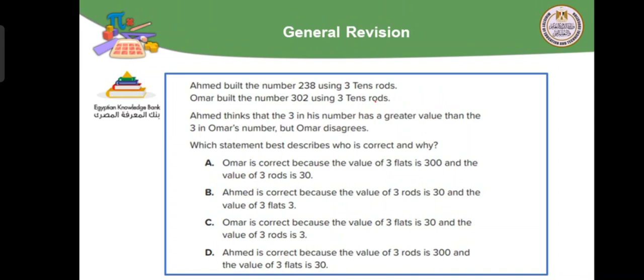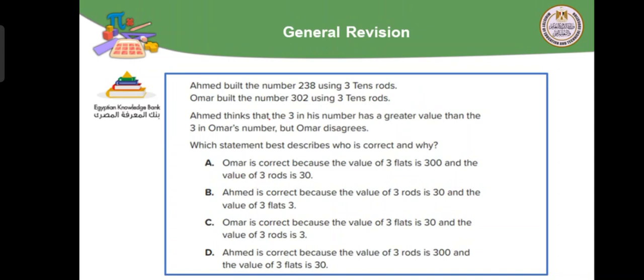Then, Ahmed thinks that the 3 in his number has a greater value than the 3 in Omar's number. But Omar disagrees. Look here. This is digit 3, its value will be 30. So, 3 tens rods. Okay. And here, 3 what? 300. Okay. And 100, yes, as you see in the previous slide.